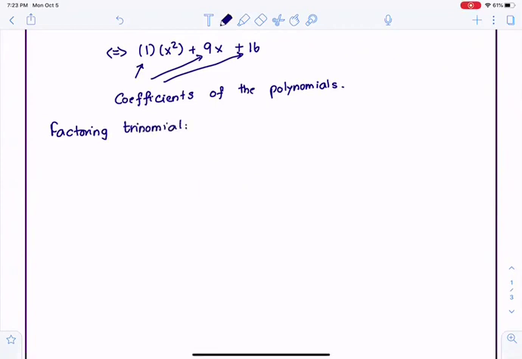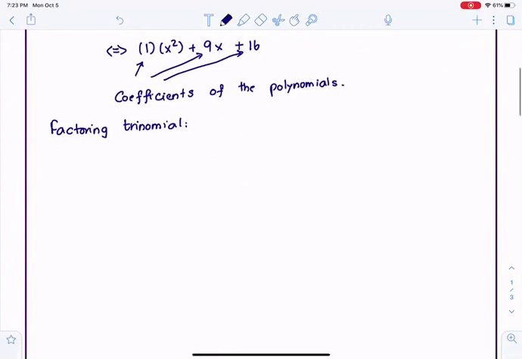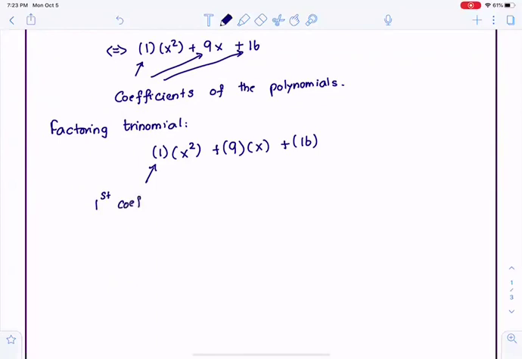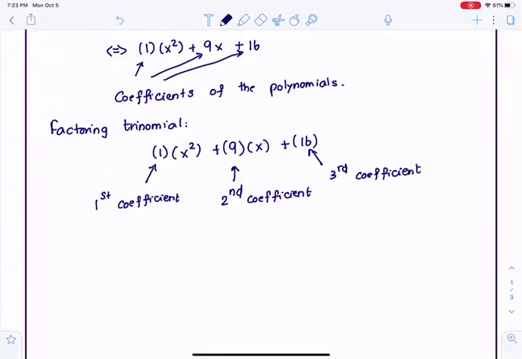So if I wrote the previous example, I could simply say 1 to be the first coefficient, second coefficient, and the third coefficient.